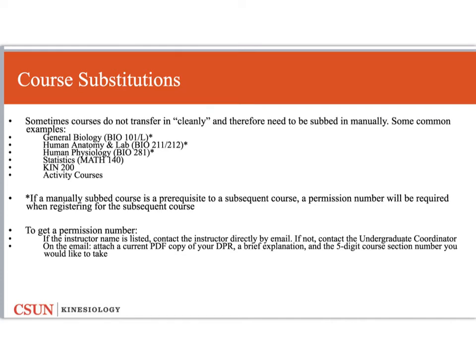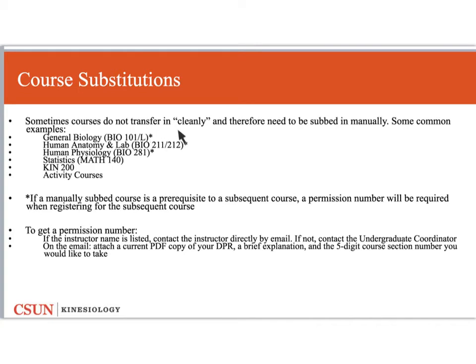Course substitutions. I mentioned this before. Sometimes when you transfer from a community college or from another university, your courses do not transfer in cleanly. When this happens, they will need to be subbed manually. Some common examples are general bio.